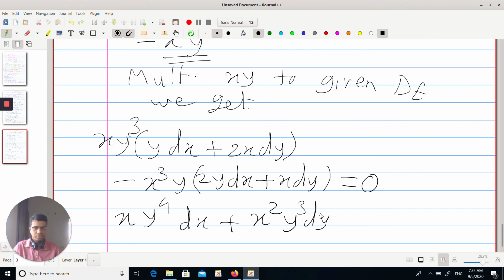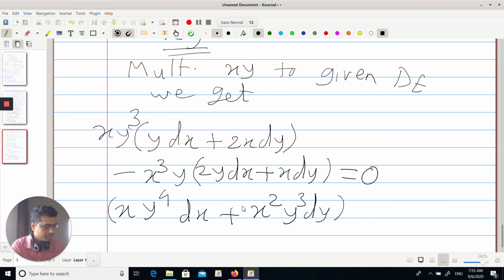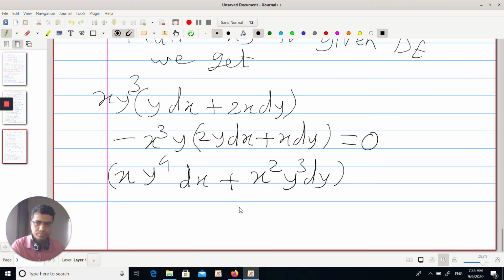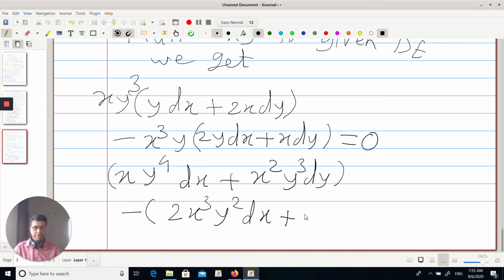This is the first part, and the second part is minus 2x cube y square dx plus x raised to 4 y dy, equal to 0.